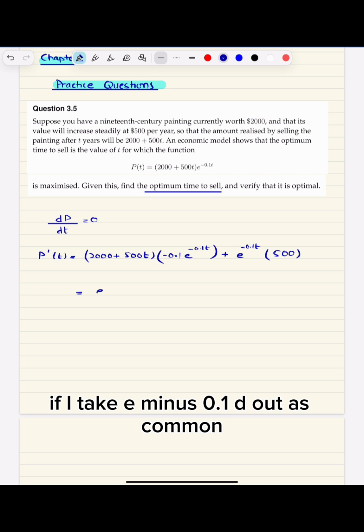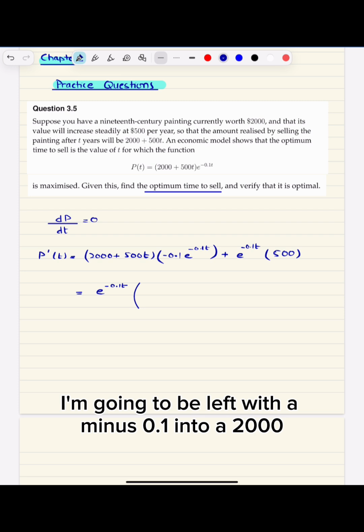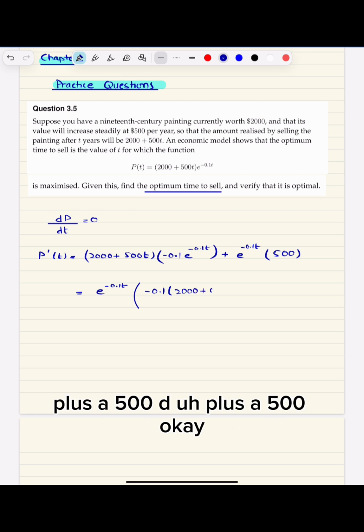If I take e to the minus 0.1T out as common, I'm going to be left with minus 0.1 into 2000 plus 500T, plus 500.